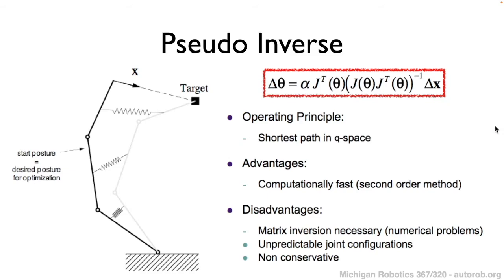The principle behind the pseudo-inverse approach is to find the shortest path in configuration space, where the advantage is that it's computationally fast, but the downside is that we have to take at least one matrix inverse, and so that can lead to numerical instability issues. And in addition, just like the Jacobian transpose, we can result in unpredictable joint configurations.